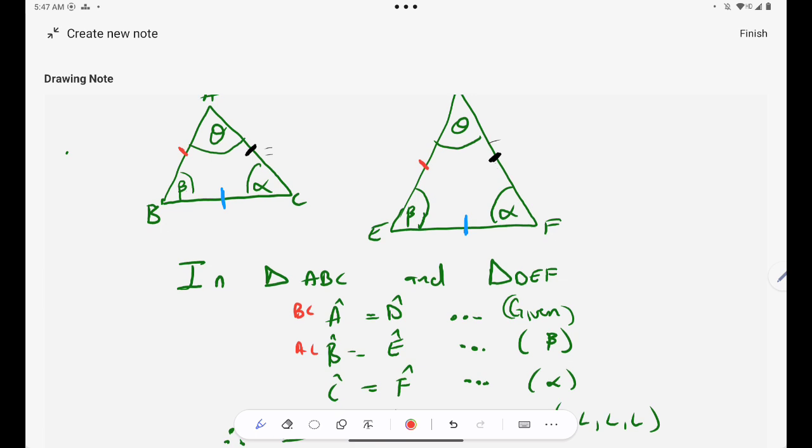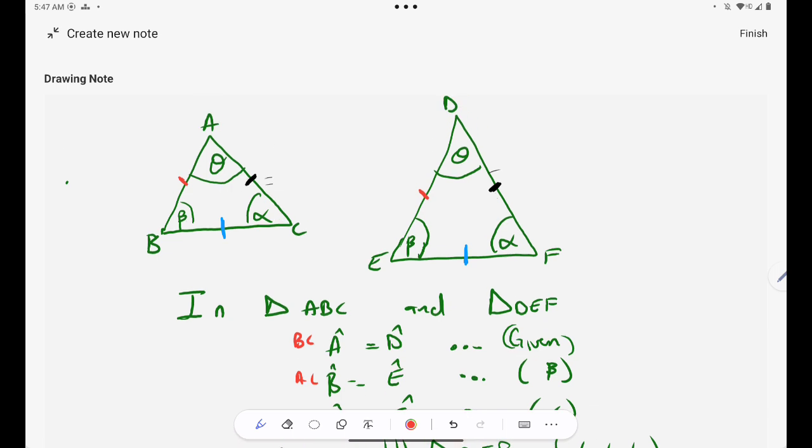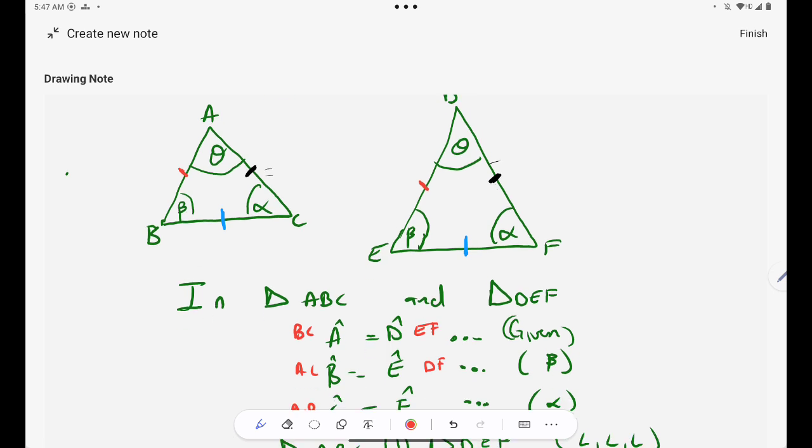Which other side is subtending angle C? Angle C is subtended by AB. Are you together? And then we move to the other one. Angle D is subtended by EF. Angle E is subtended by DF. And then angle F is subtended by DE.